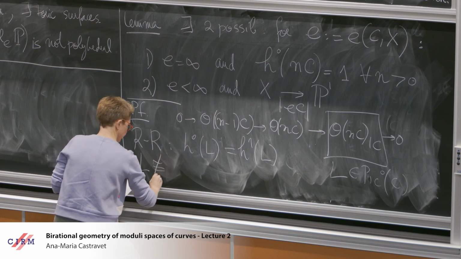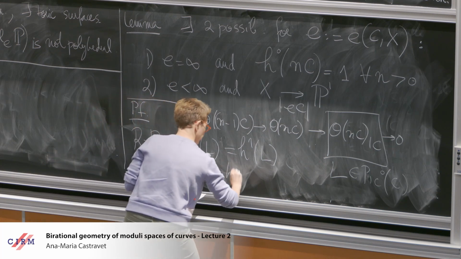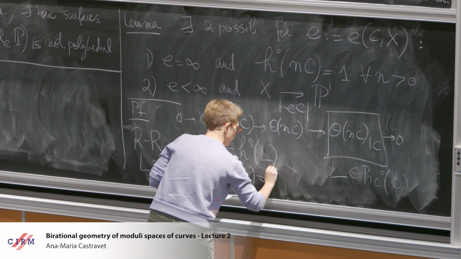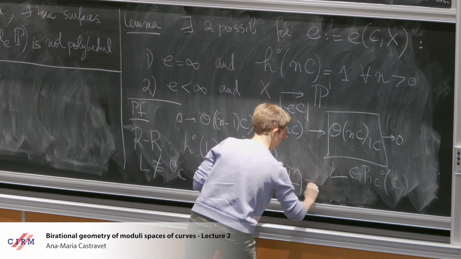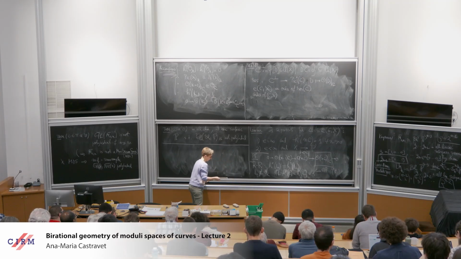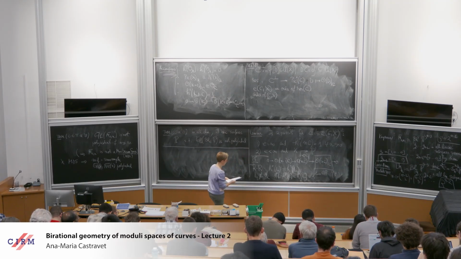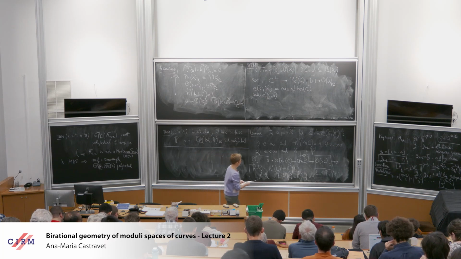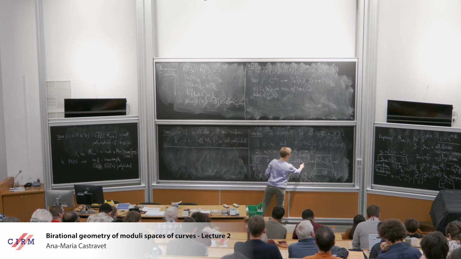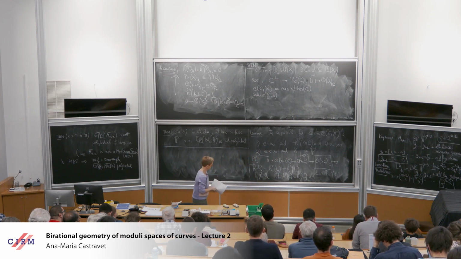Or, that is not trivial if and only if these are both 0. So I'm saying that this actually characterizes the order as being the smallest integer n for which this line bundle has at least 2 sections.